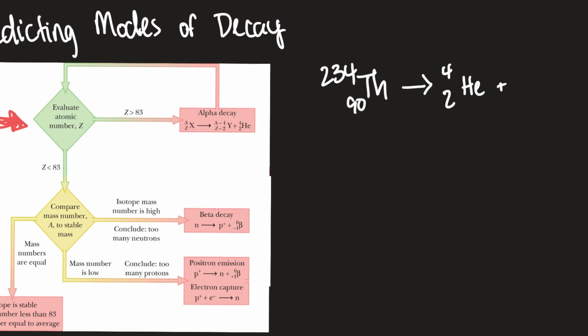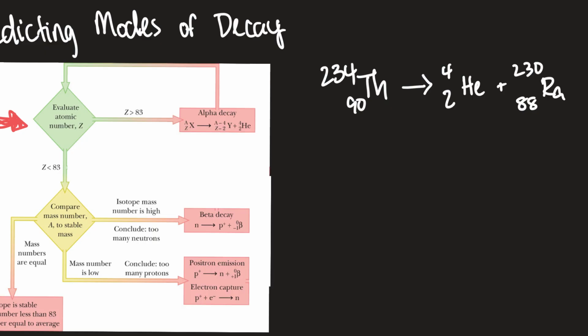And then it's going to make element 88, which according to the periodic table is radium. Because this is 88, which is greater than 83, radium in and of itself is going to go through alpha decay as well, in a series of decays. That's how you can look at this.